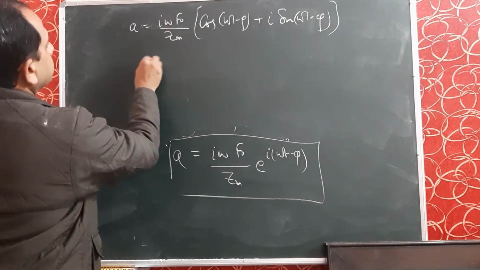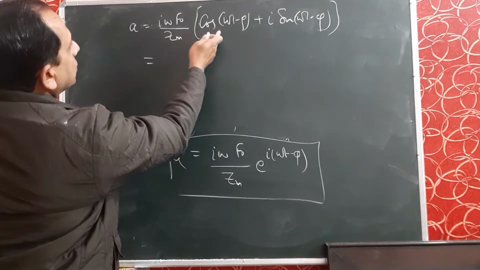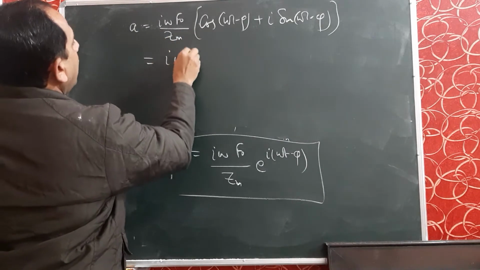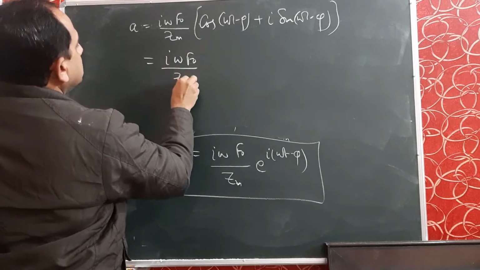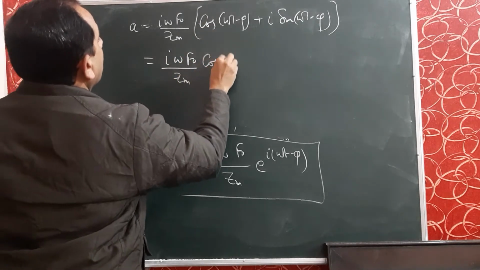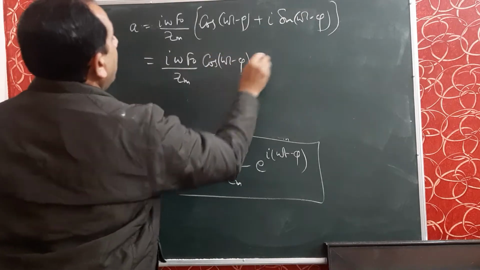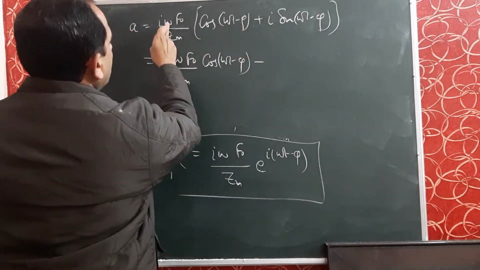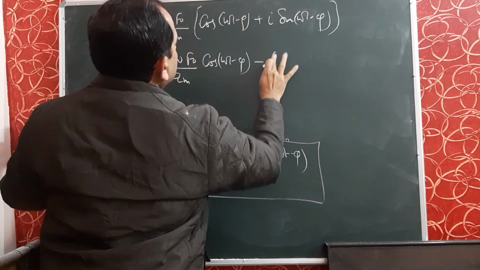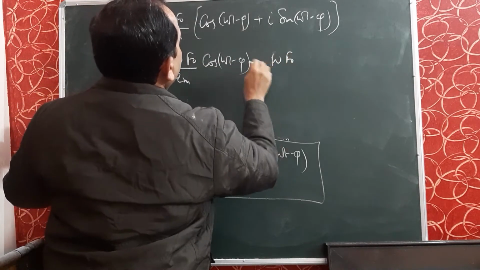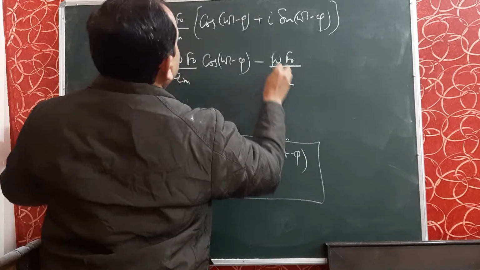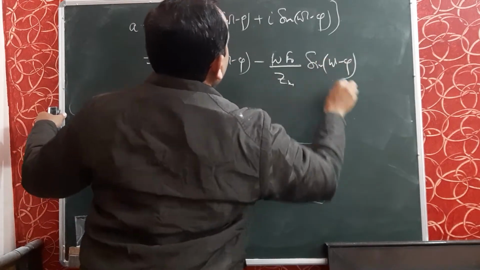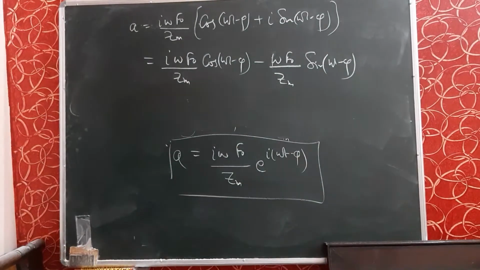Now multiply these terms with this iota omega, so we will get iota omega F0 over Zm into cos(omega t minus phi), and iota into iota squared, that is minus 1, omega F0 over Zm into sin(omega t minus phi).